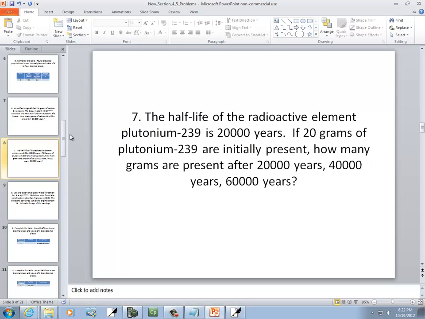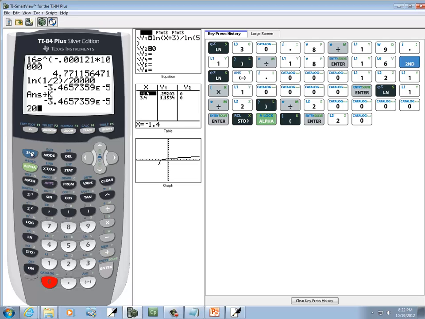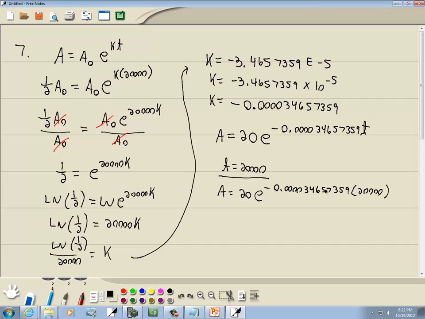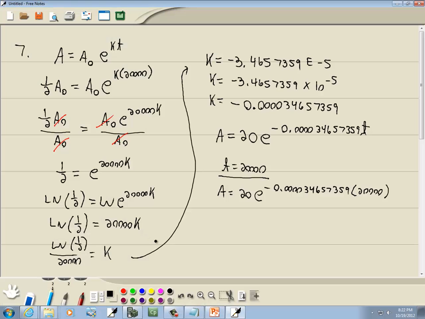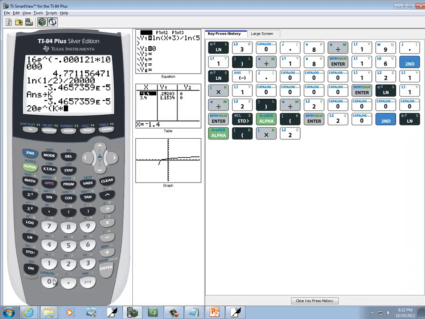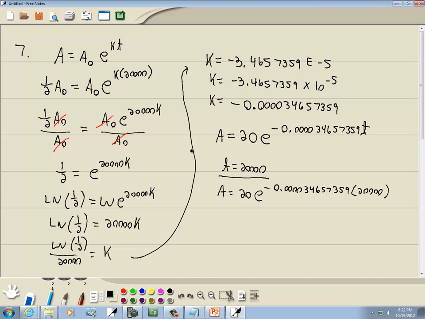Again, this is very nice on our calculator, because remember we stored that in K. So I'll do 20, get the e, second ln, and then K, so alpha, beginning parentheses, times 20,000, and then enter. And we come up with A is equal to 10.